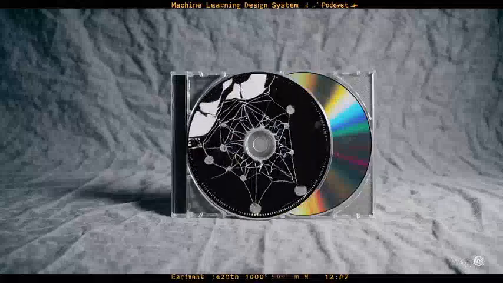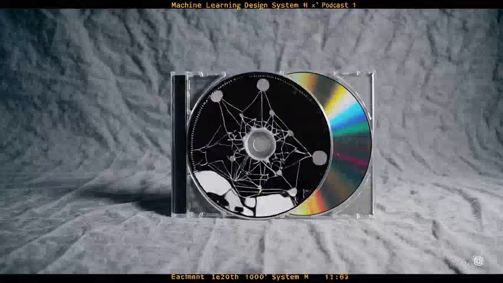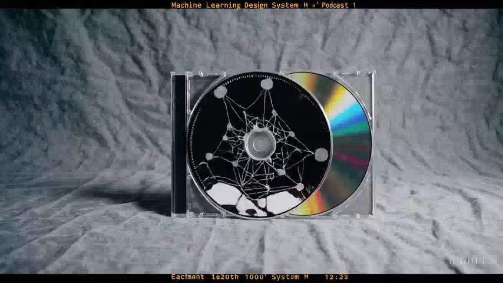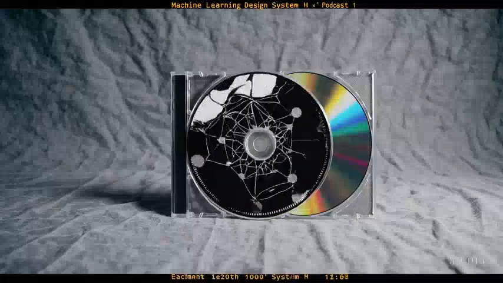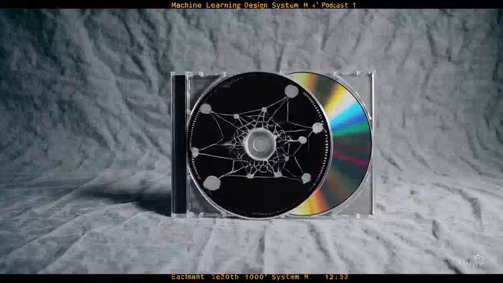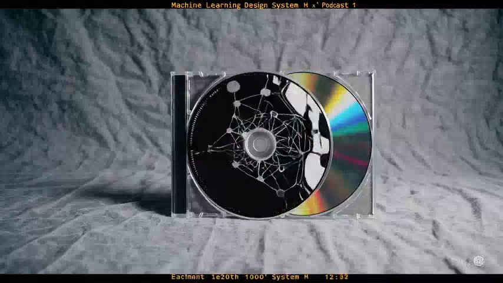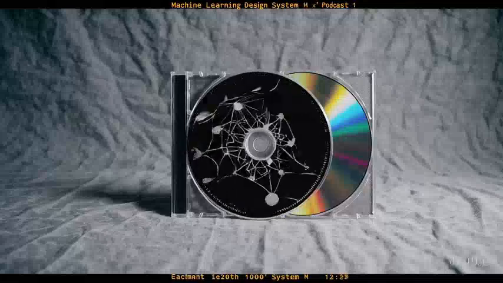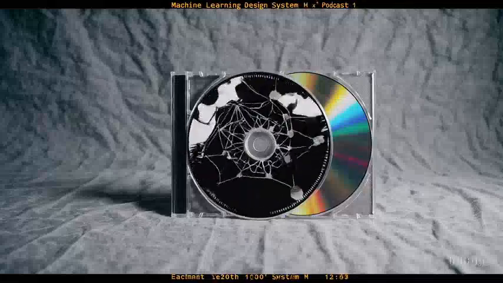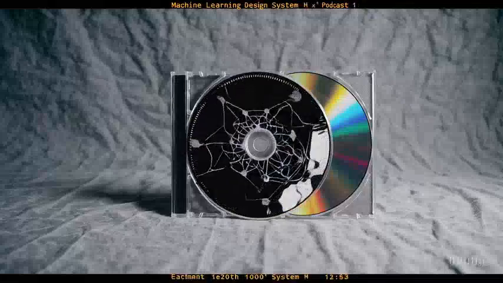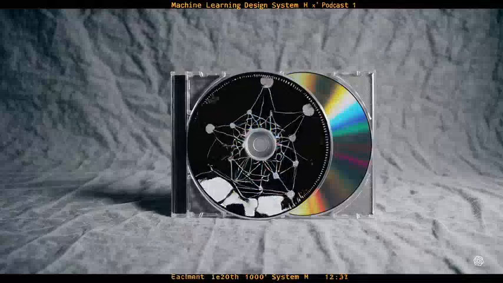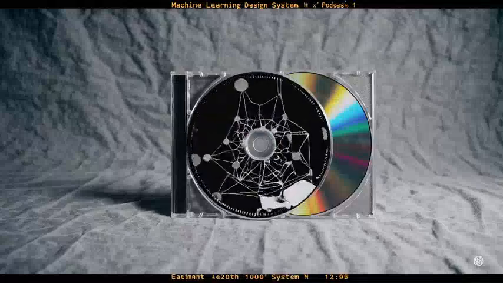Exactly. Like, this book talks about design patterns for machine learning systems. Oh, interesting. Like what? Well, it covers things like data quality, reproducibility, data drift, scale, all the usual suspects. Data drift? Yeah, it's when the relationship between your input data and output variables changes over time.